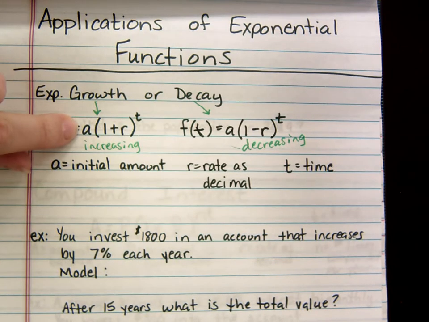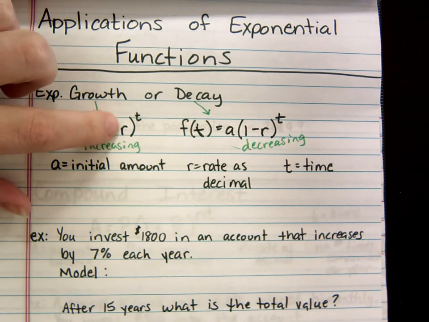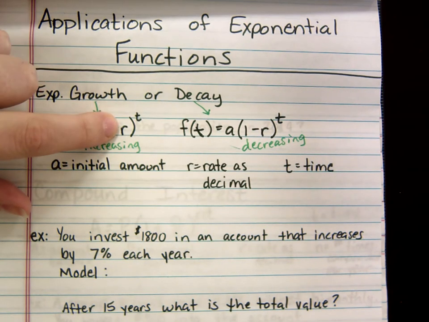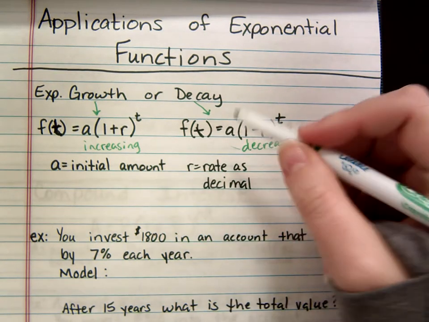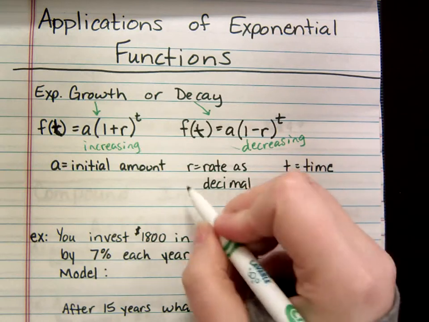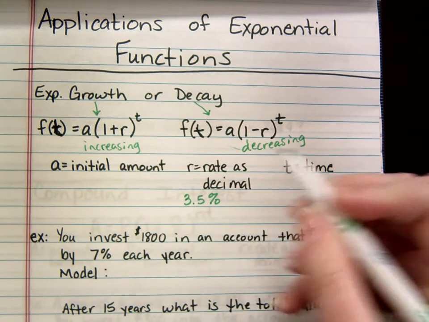Now, in both of these formulas, A is the initial amount. How much did you begin with? R is your growth or decay rate. Now, it's going to give it to you as a percent, but you need to input it to the formula as a decimal. So, for instance, let's say we had a 3.5% increase.